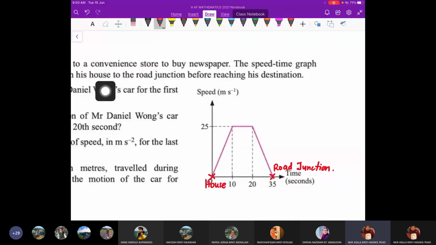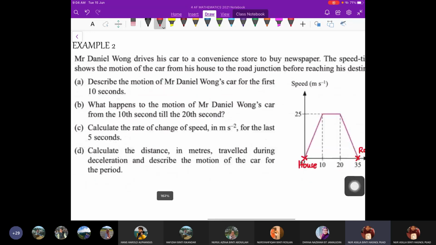Okay. Sebab kat sini dia kata road junction, tapi saya tak pasti kalau dia berhenti ataupun tidak. Okay, so this could be convenience store ataupun road junction. Saya tak pasti sebab soalan tak cakap dia berhenti ataupun tidak. Okay, so mungkin dekat road junction tu dia berhenti lah, nak tengok kereta ke. Okay, so sekarang kita tengok soalan.